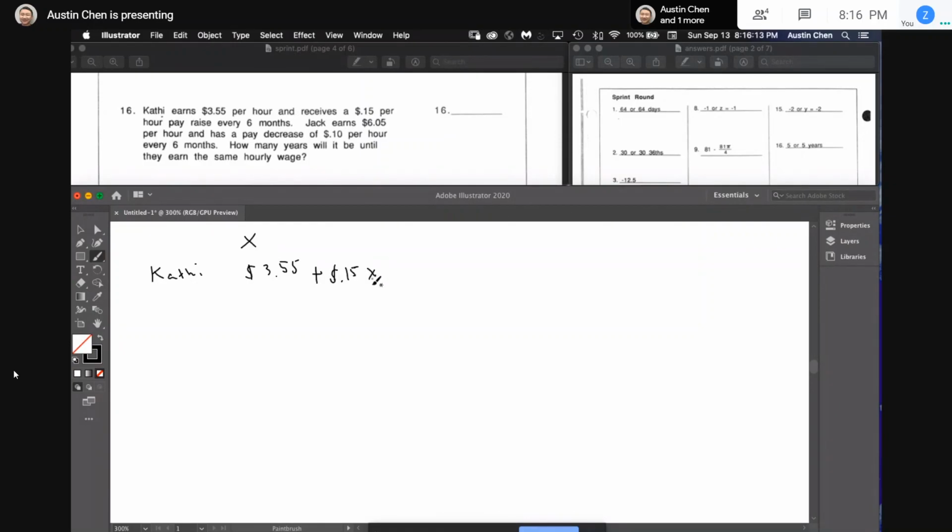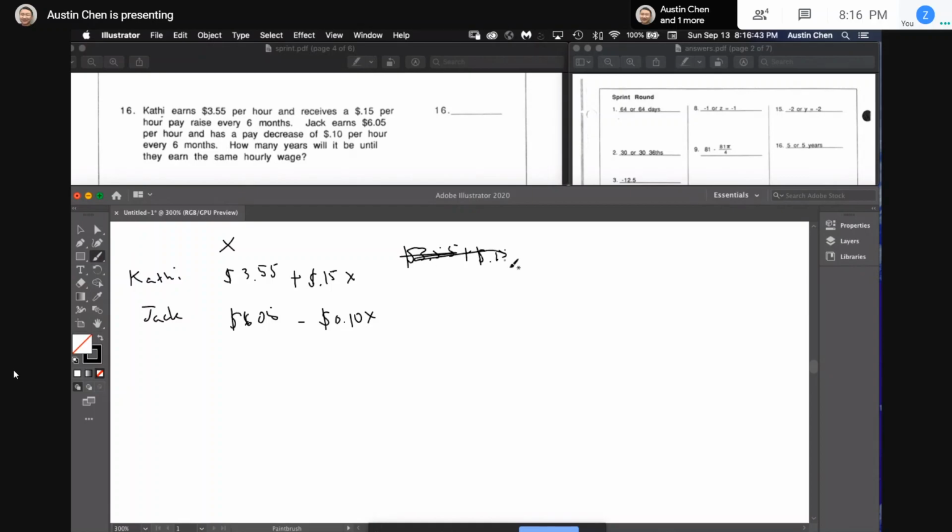And we define x to be like that, so you can just put x. And then Jack is going to be his initial $6.05, and then he gets a pay decrease of 10 cents every 6 months. And we want to know when they will earn the same hourly wage. So we just equate these expressions.